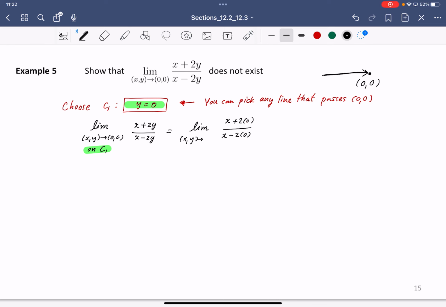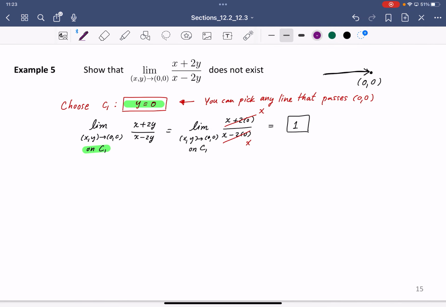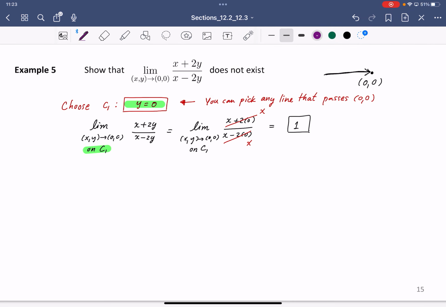And this is actually 1, because this has x, this has x, and x cancels x, so you get 1. So the limit on this line is 1. You can pick another line, and if you get a different limit, then you can conclude that the limit does not exist.